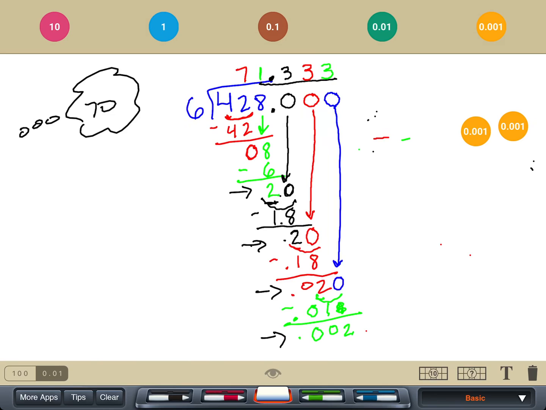That's because this quotient at the top is called non-terminating. Say that word, terminating. To terminate means to end something.